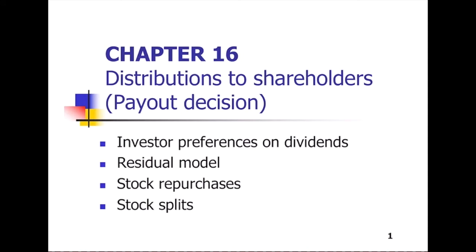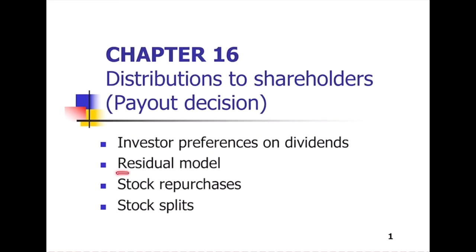So we can say, in terms of investor preference on dividend over retained earnings, it can set the dividend amount. And then we will learn the residual model. The residual dividend model can be used as a long-term guideline to set up the future dividend.